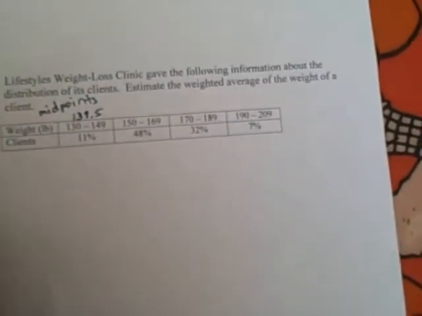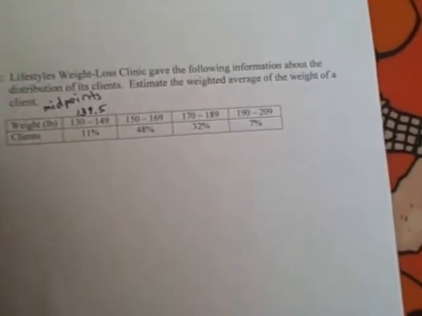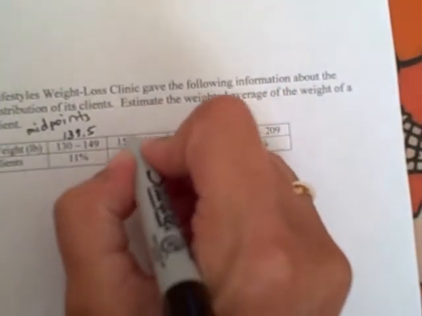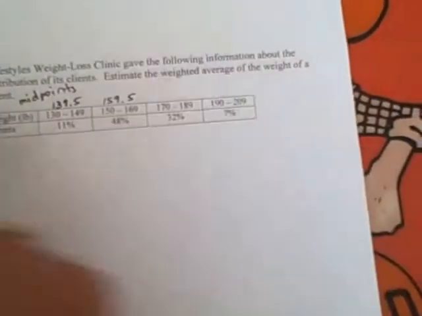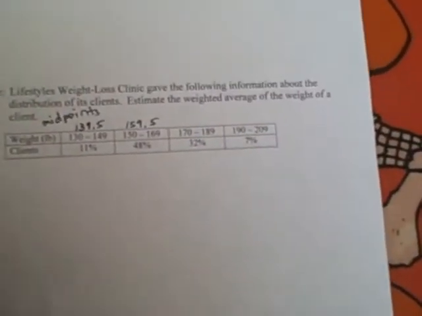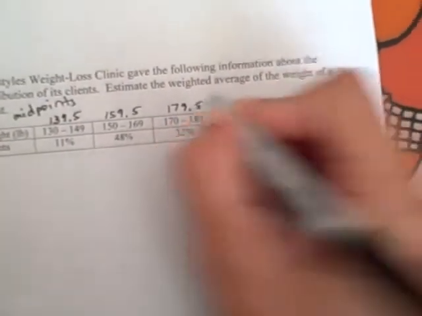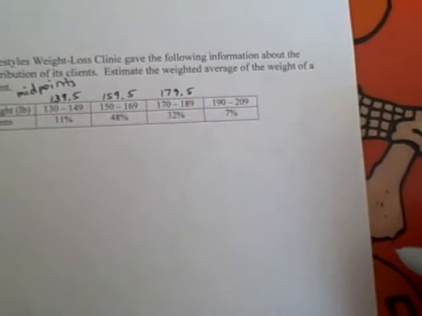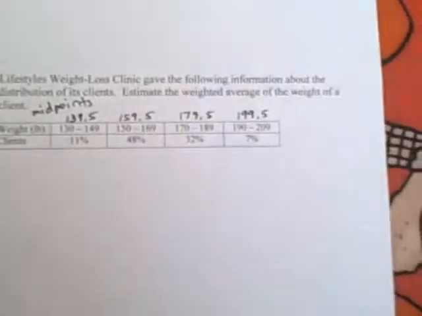Now from 150 up to 169, so 150 plus 169, divide that by 2, and I get 159.5 as the midpoint. 170 to 189, that midpoint is 179.5. And from 190 to 209, it's going to be 199.5.